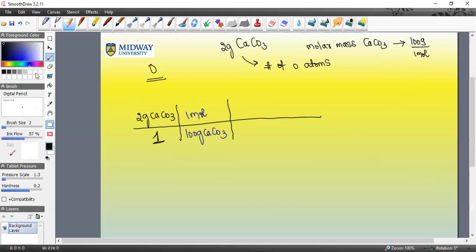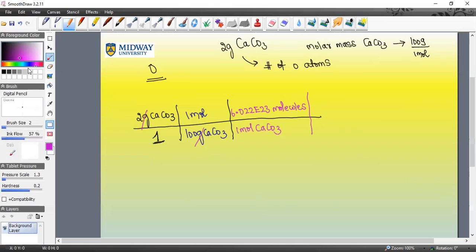So let's go get our pink. Now we have canceled out the grams, right? Now we're left with moles. Keep in mind, this is where you've got to be careful. The sequence is the same, but we have to make that little change. Remember, a mole of calcium carbonate contains 6.022 e to the 23 molecules, not atoms, because we are trying to find atoms in a molecule, so it can be atoms.